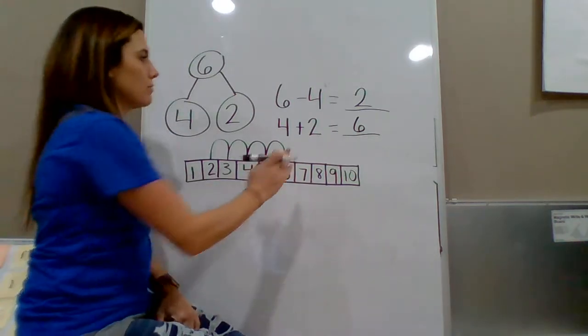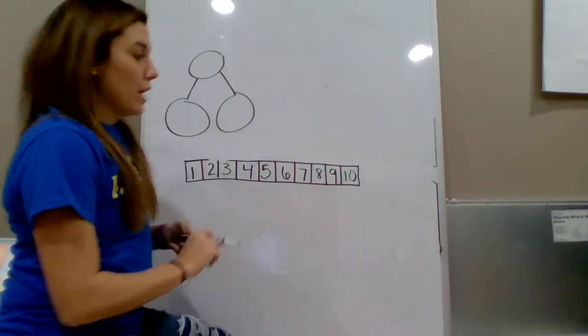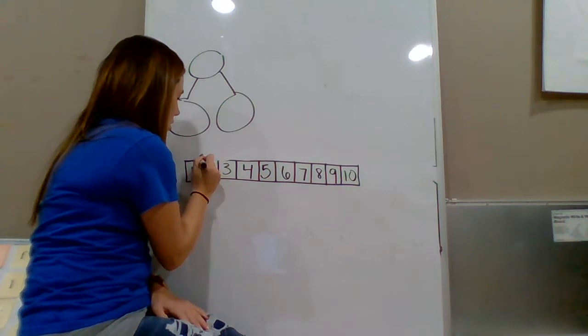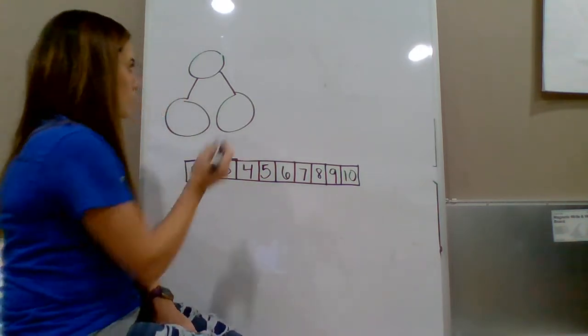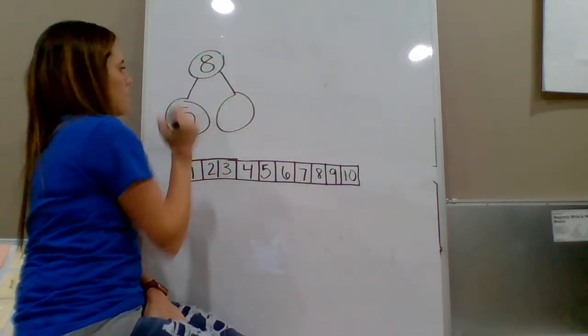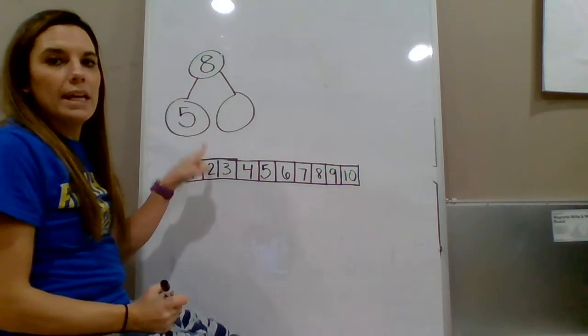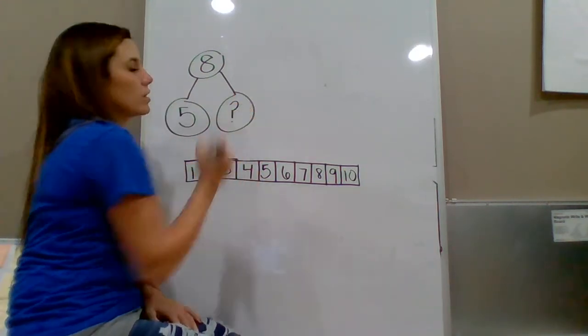Let's do another one. Okay, we're going to do another problem. This time I'm going to start with my numbers in the number bond. Okay, so I have an 8 and a 5 in my number bond. I want to figure out this part of the problem.